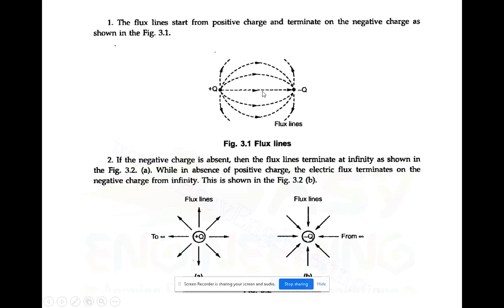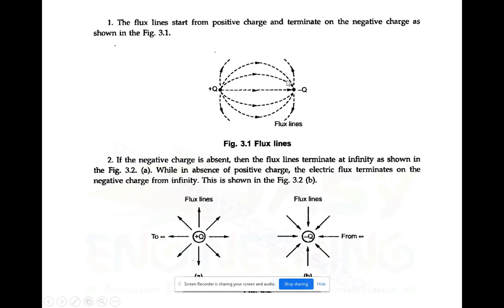The total number of lines of force together is called a flux. So the flux lines starting from the positive charge and terminating on the negative charge are shown in the first figure. In the second figure you can see the case where the negative charge is absent.